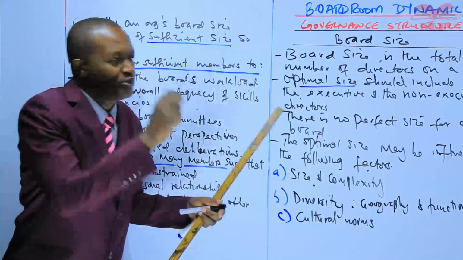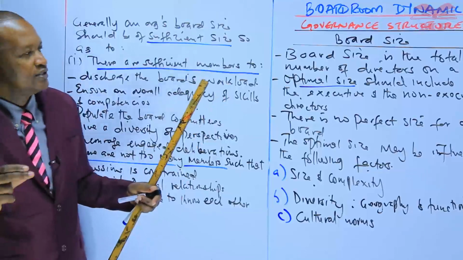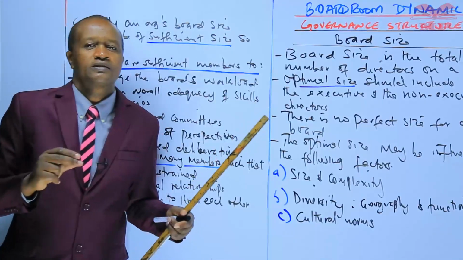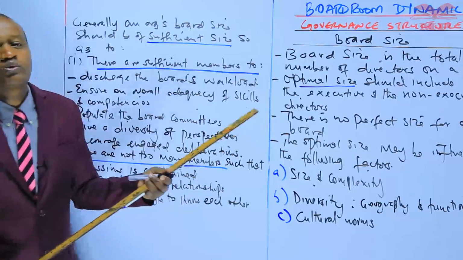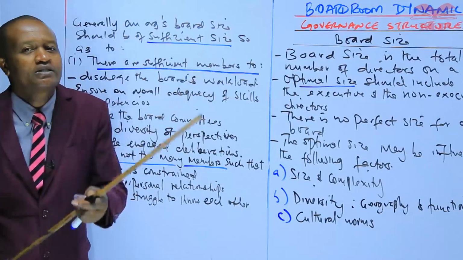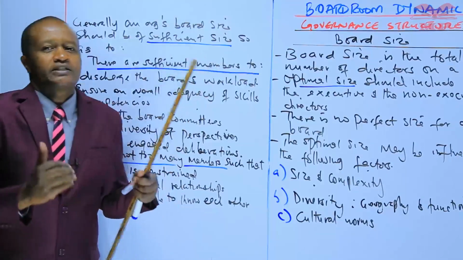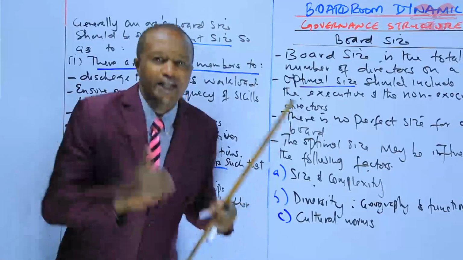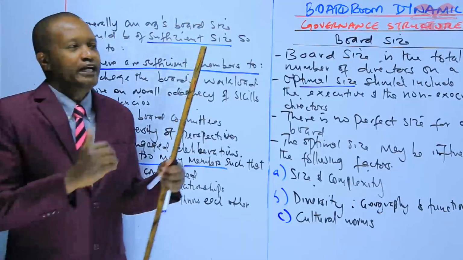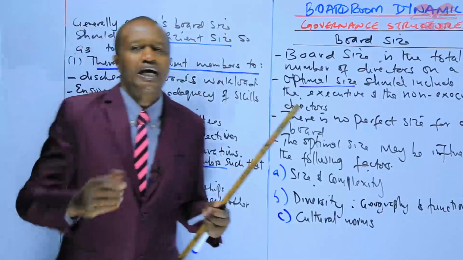If it is a small board, then that board should have at least two independent directors. And independent, candidates, refers to directors who have true independence. This is independence of mind in their deliberations as directors.